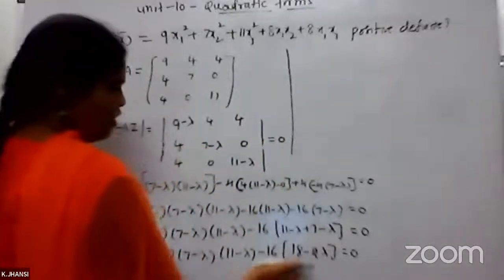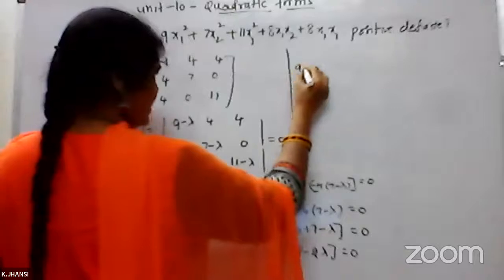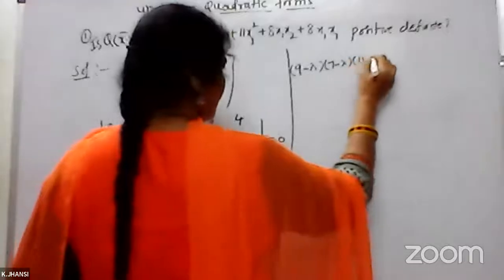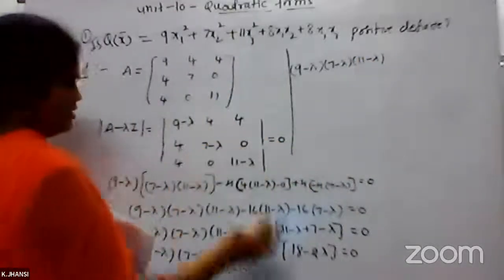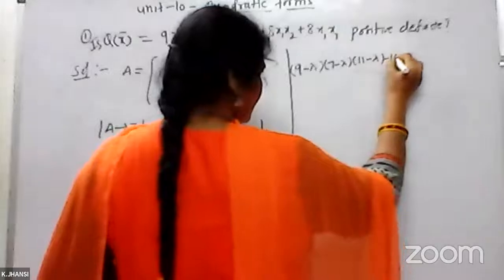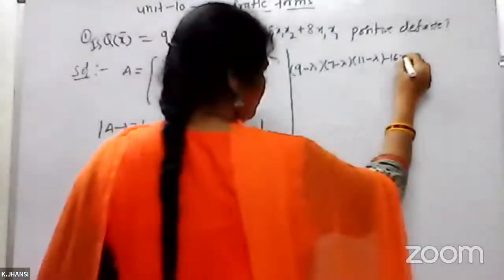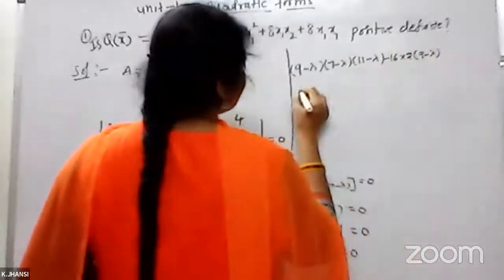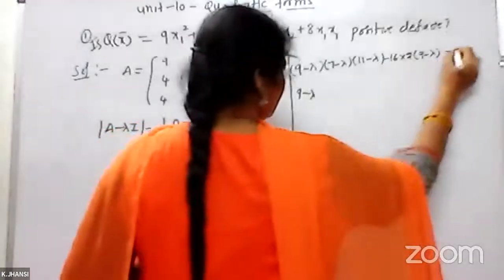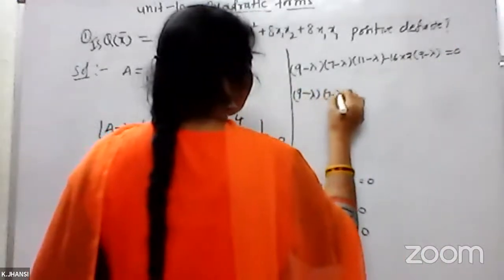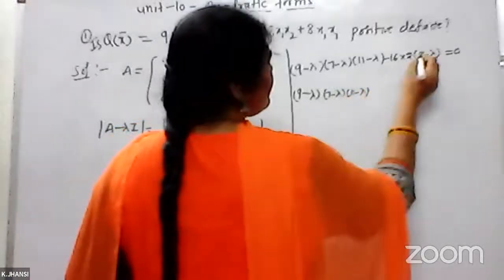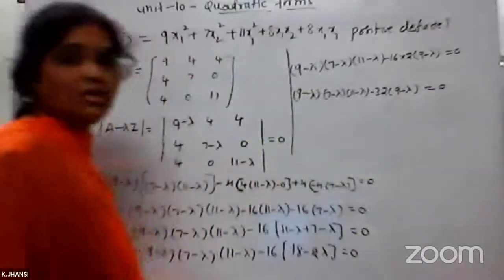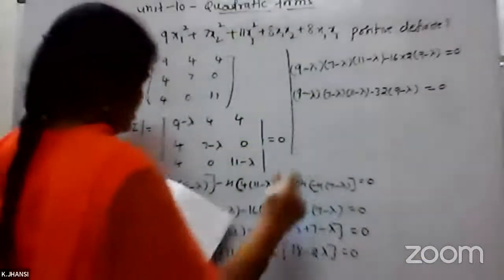Here if you take 2 common, you get 9 minus lambda, 7 minus lambda, 11 minus lambda. Here 16 is already there and you are taking 2 common, so it is minus 32 into 9 minus lambda.